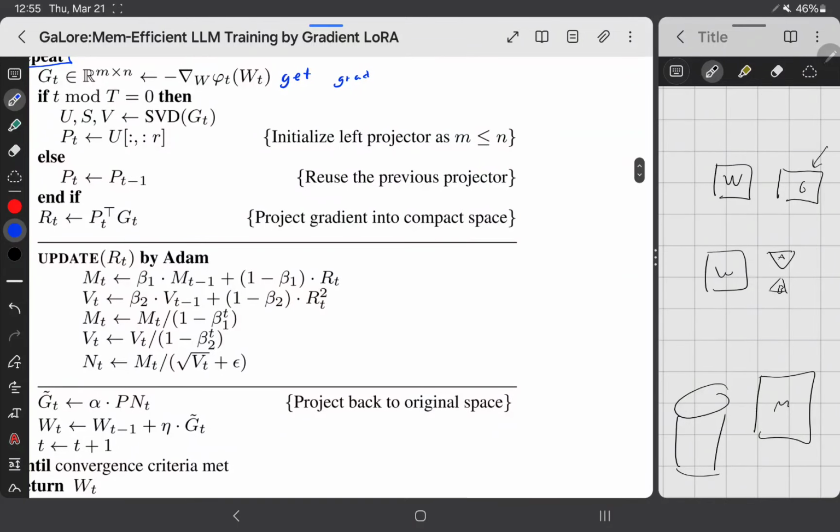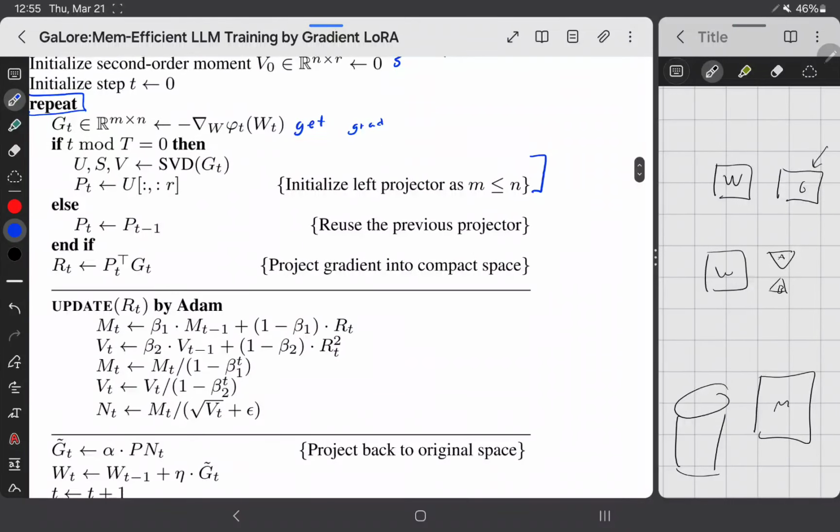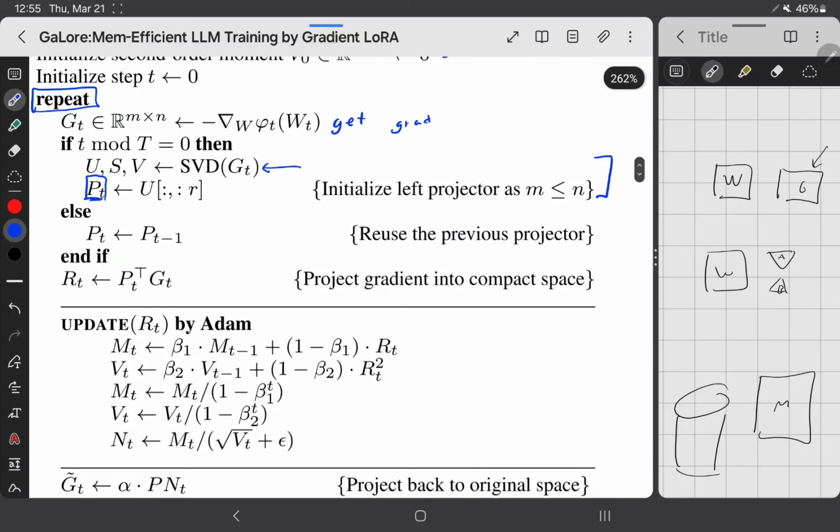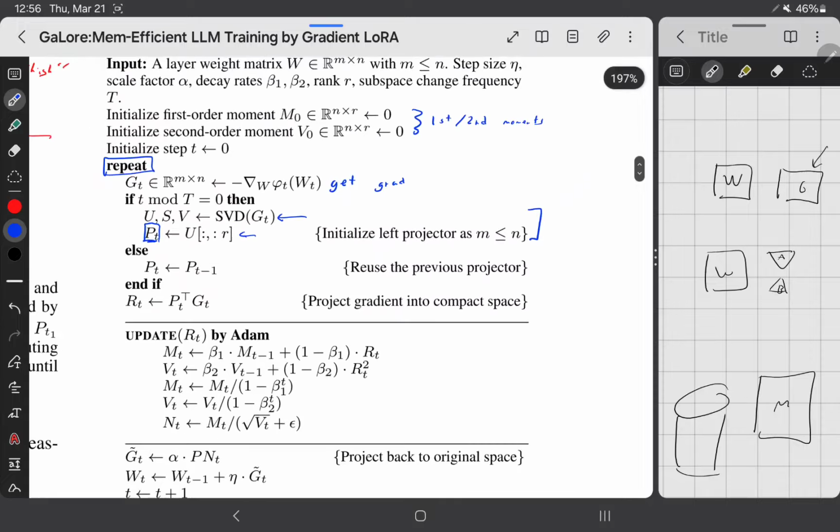Initially you're going to initialize your P matrix. This is going to be our projection matrix into a lower dimensional space. And you do that using SVD. You just do SVD of the gradient, and this gives you your matrix, which allows you to project to a low dimensional space and then back to it.